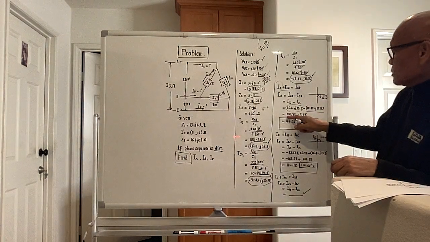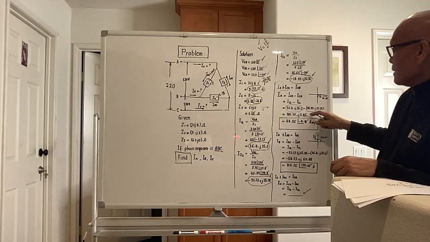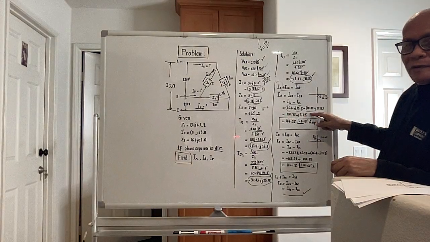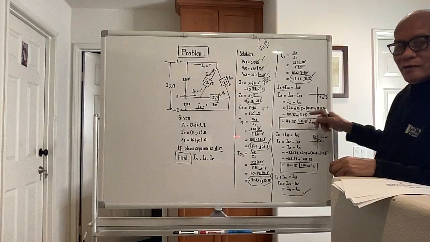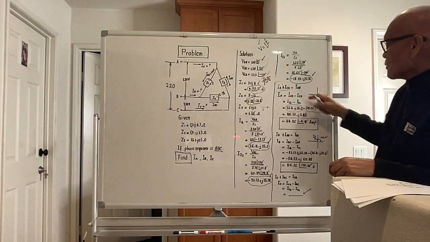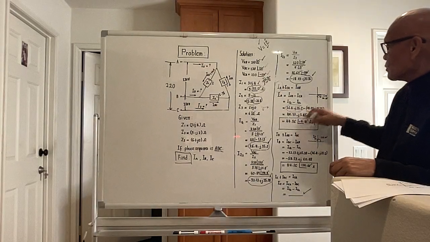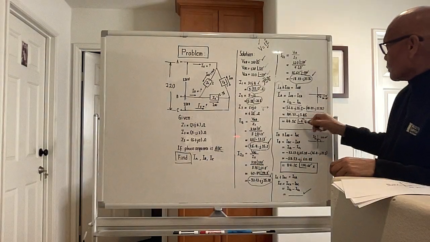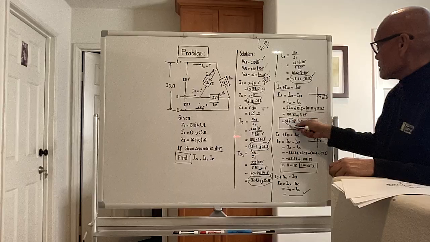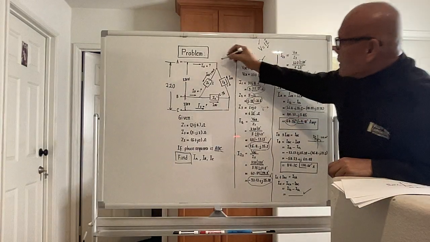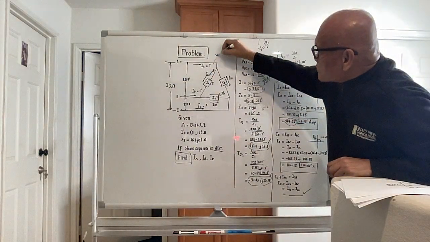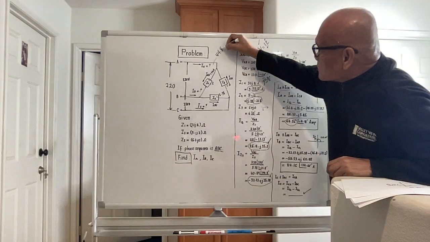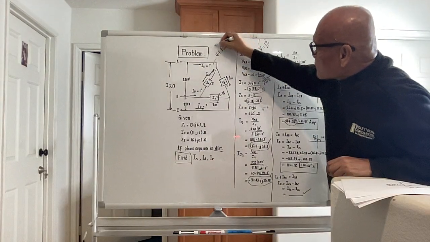So what comes out is 44.73 minus j 3.45. We do not know yet the magnitude because this is in rectangular form, so we have to convert this one to polar. If we convert that to polar, the magnitude will be 44.86 amperes. That's the total magnitude.